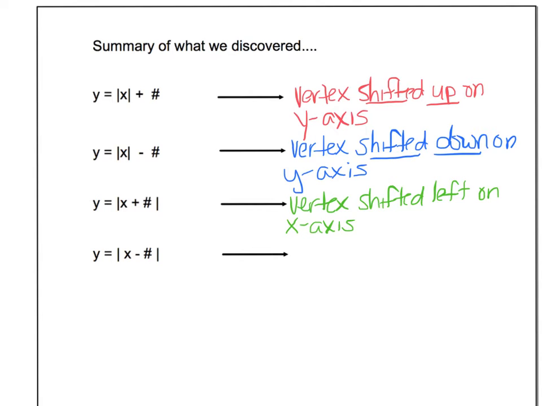Finally, we have the situation where we are subtracting a number inside the absolute value symbol, and that means our vertex will be shifted right on the x-axis. So knowing these characteristics will allow you to graph any absolute value equation without making a table. Let's practice.